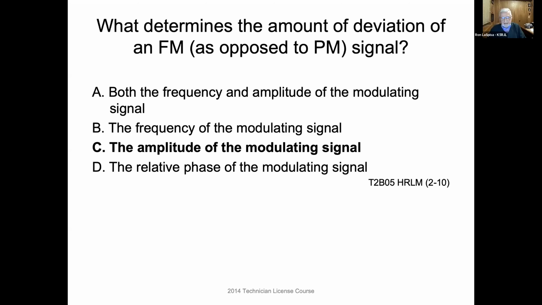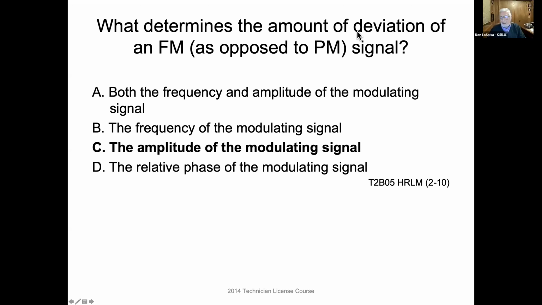Now, this is a tricky one, so I don't get that one. I thought you said on FM what changed was the frequency and not the amplitude. Yes, that is correct. The word deviation here refers to how much the carrier has been changed in frequency.